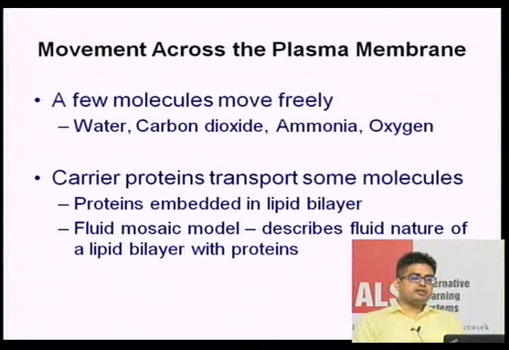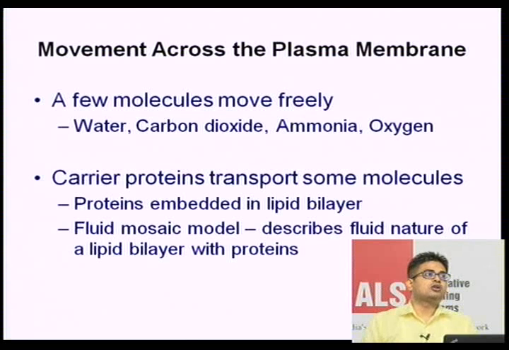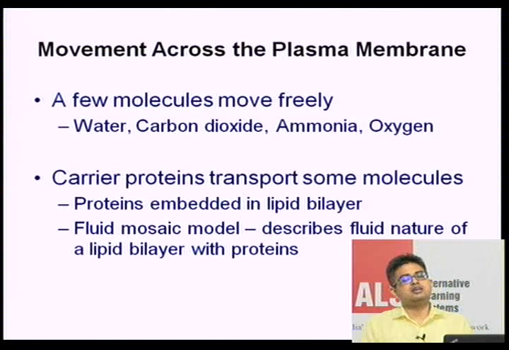The plasma membrane allows some molecules to move freely through it, and some molecules are allowed with difficulty. Molecules which are soluble in water have a lot of difficulty moving across the plasma membrane, while molecules which have easy solubility in lipid, fat soluble molecules, can be very easily transported. Water soluble molecules have some difficulty because the plasma membrane is mainly made up of lipids.